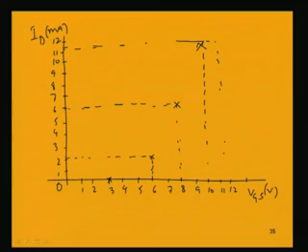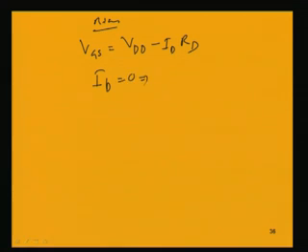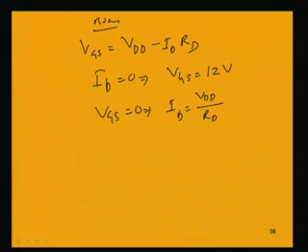Now, joining these 4 points, we get the transfer characteristic. Now, the other one, the straight line, which is VGS equal to VDD minus ID RD for the bias circuit. ID equal to 0 means VGS is equal to 12 volt, and VGS equal to 0 means ID equal to VDD by RD, that is 12 by 2, RD is equal to 2 kilo ohm.